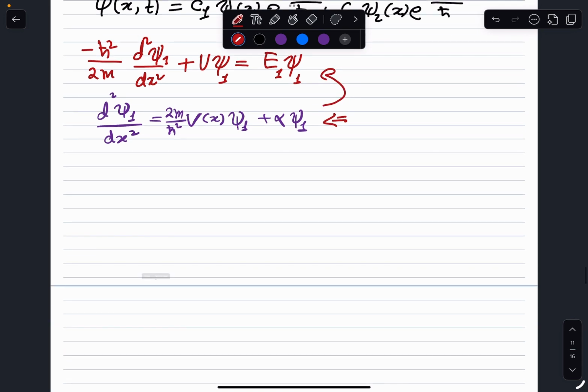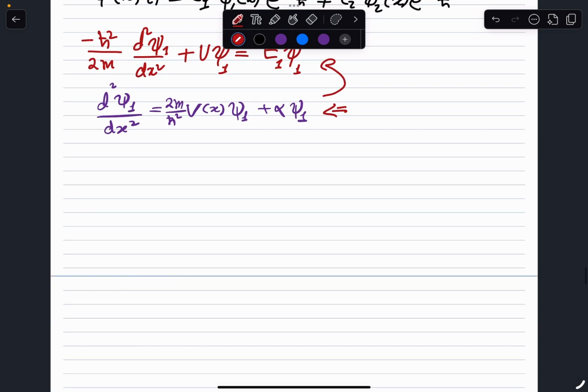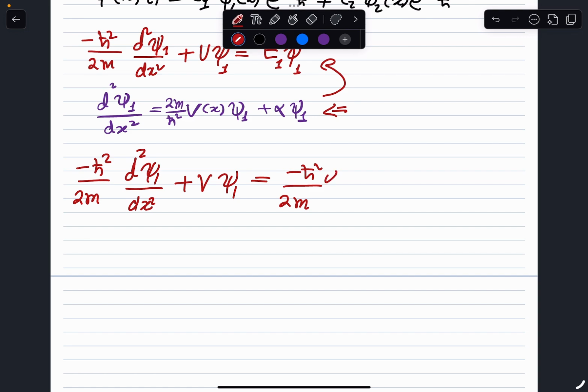So we just multiply by minus, so minus h bar squared over 2m d squared psi 1 over dx squared, and if we multiply it and take it to the other side, we'll have plus V psi 1 equals minus h bar squared over 2m alpha psi 1.